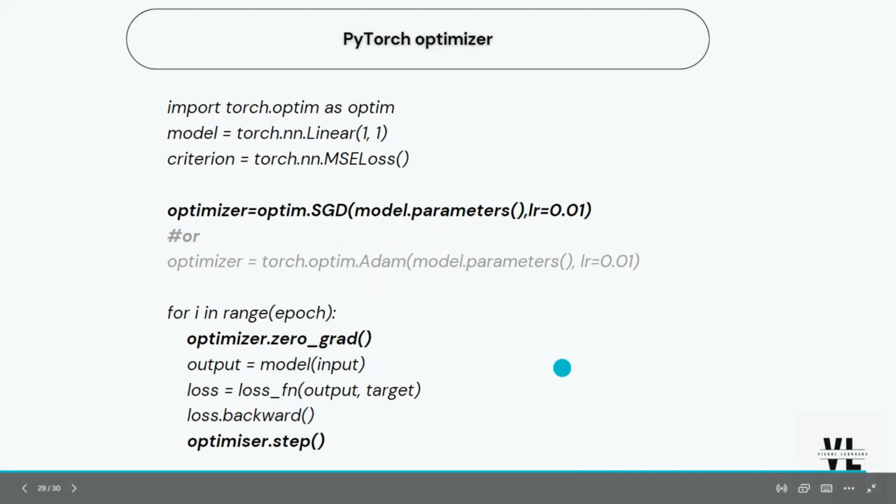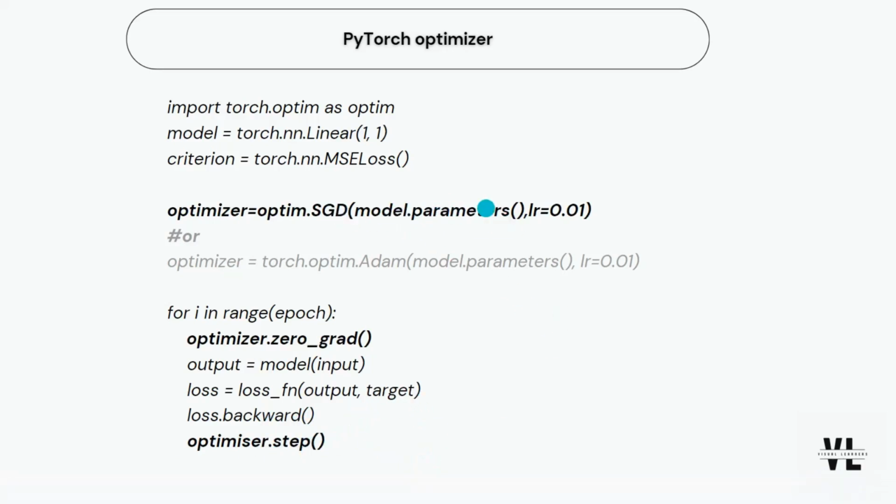The final step is to update the parameters using the newly computed gradients. So in PyTorch, you just call the optimizer.step function. Under the hood, the step function uses the formula for gradient descent to update the parameters from the model. So this is basically the workflow on how to use the optimizer.